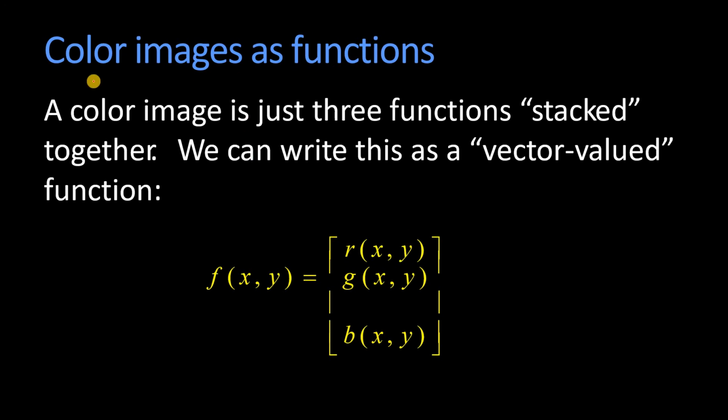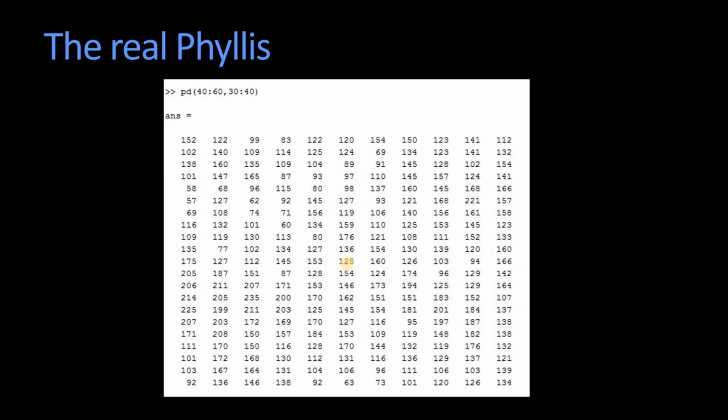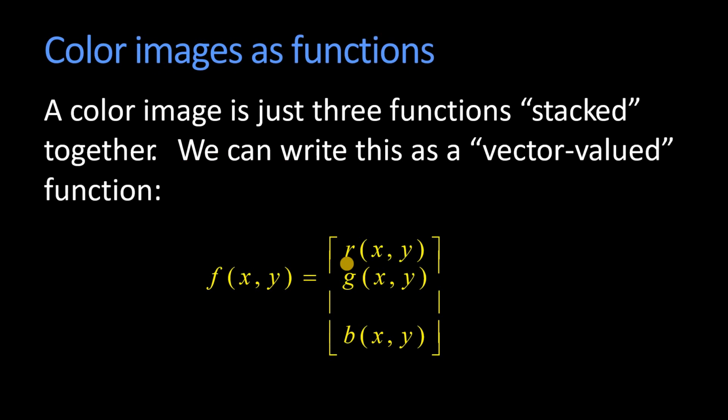Color images are nothing, just they are three images that we put them together. I don't know, I put an image somewhere for this. It's not saved here. So let me check. So color images are nothing, just they show you something like this. They are basically three matrices that are treated separately.